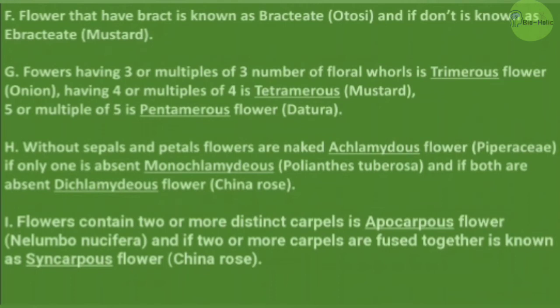Without sepals and petals, flowers are naked, and if only one part is absent, this is monochlamydous, and if both parts are absent, then it is called diclamydous. Flowers containing 2 or more distinct carpels is apocarpous flower, and if 2 or more carpels are fused together is known as syncarpous flower.